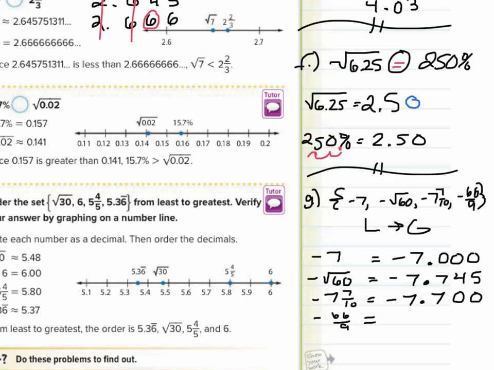The -66/9 is -7.333. Now we're all the same in the one spot. We're all -7.